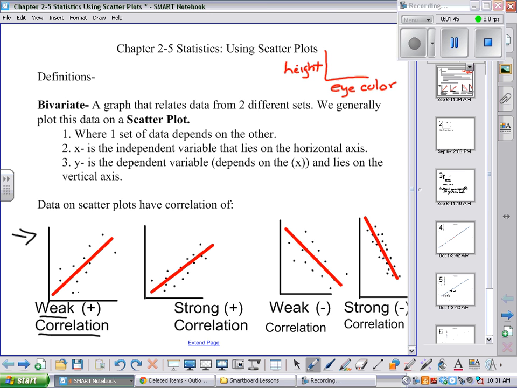If you look at this graph, most of the points are kind of spread out. Although there is a line of best fit, most of the points are not around that line, so we call that a weak correlation.